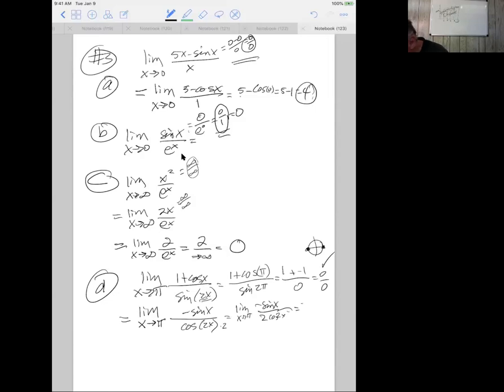Here we get negative sine of pi over 2 cos of 2 pi. Sine of pi, the sine is y, y is 0. So that equals 0 on top. On the bottom, cos of 2 pi is 1, so that's 2 times 1. That's equal to 0 over 2, which is 0. Done. So the answer is 0 on that.